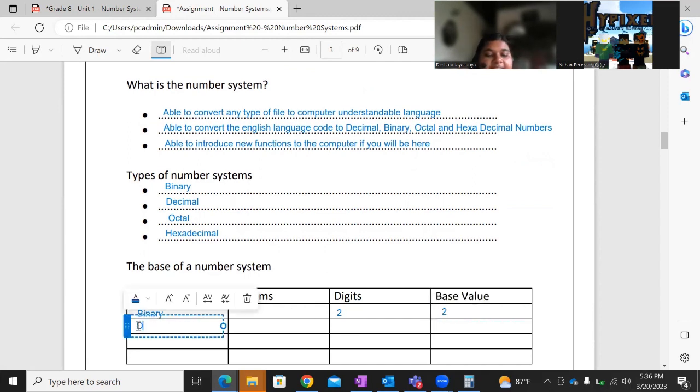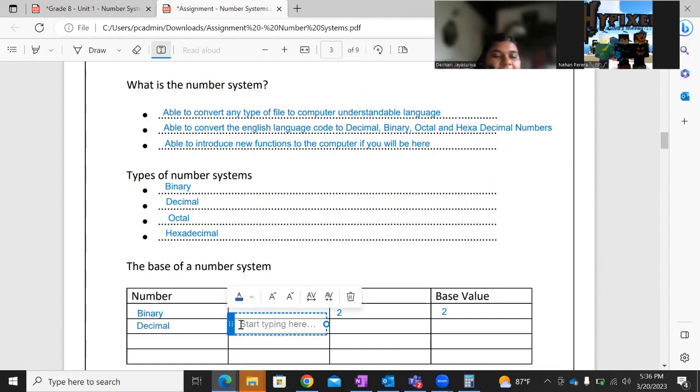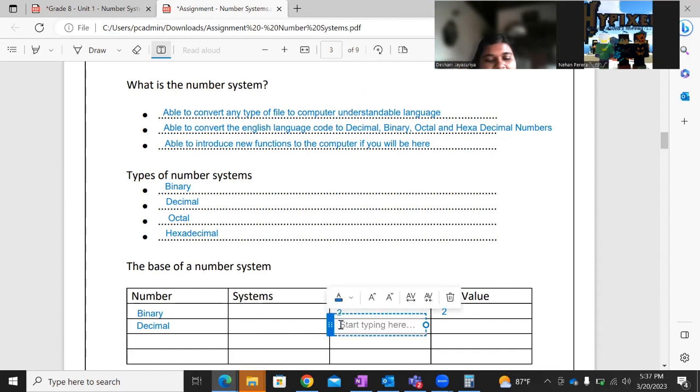And then we have to consider our decimal. Decimal numbers starting from 0 and 1.